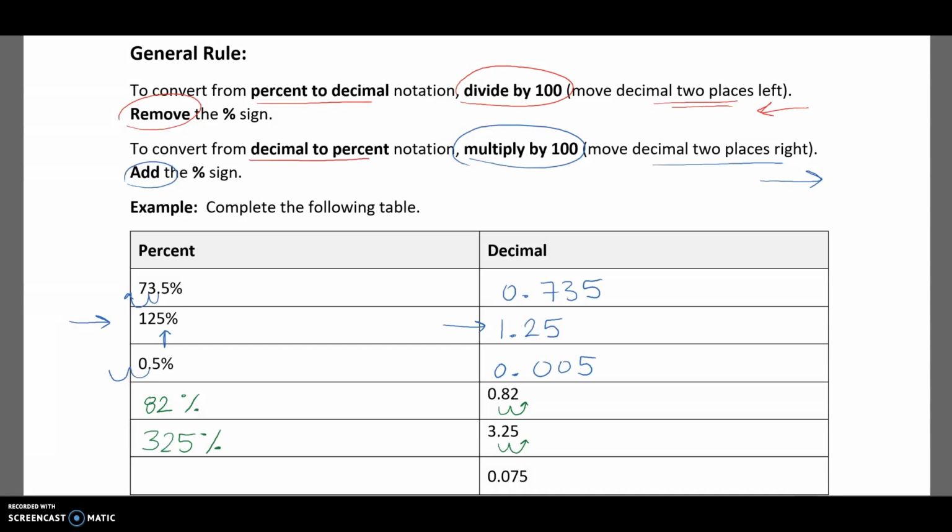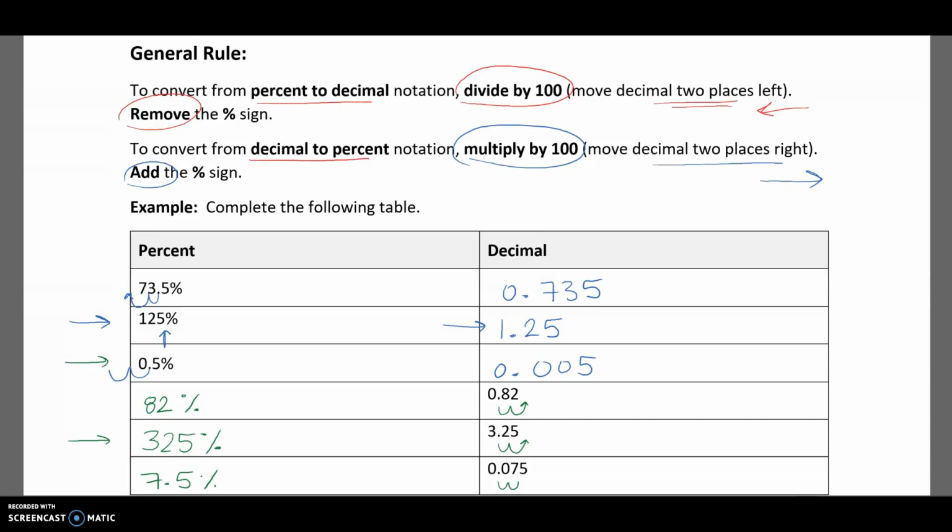So it is okay when you see values for percent that are quite small, like this 0.5, or that are over 100%. In our last example, 0.075 to convert to a percent becomes 7.5%.